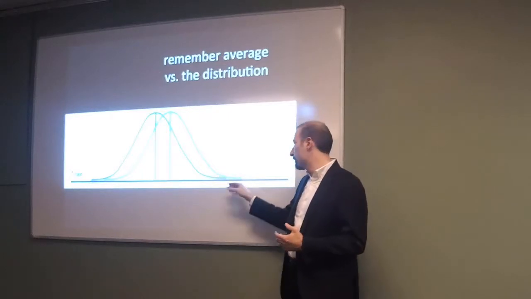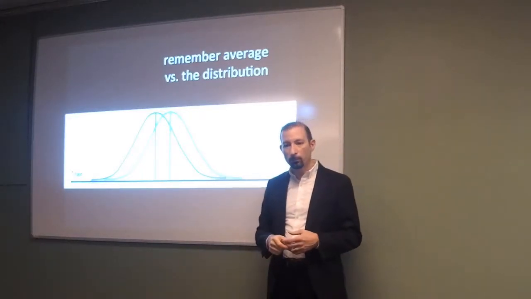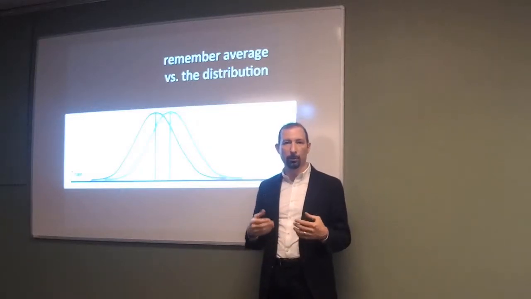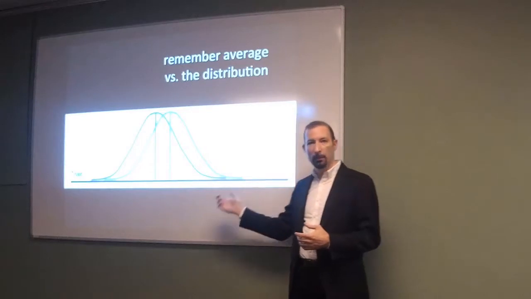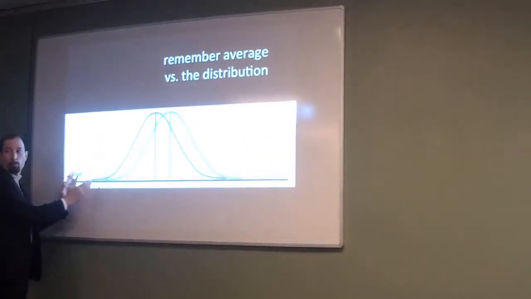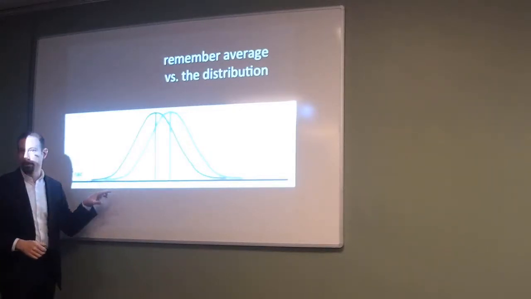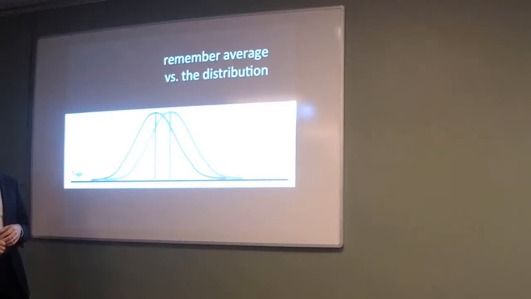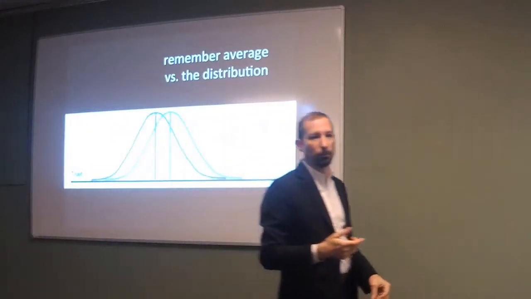Now, at the edges, that overlap dies off. And so what that means is that if, for example, women tend to be higher in trait agreeableness, of the most agreeable people, they're going to overwhelmingly be female. And of the most disagreeable people, they're going to overwhelmingly be male. Right? Disagreeableness and low intelligence together are a strong predictor of criminality.